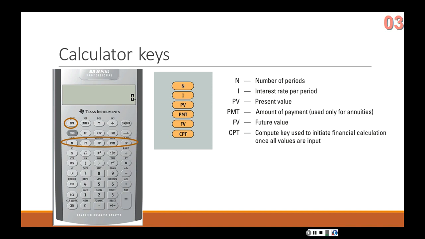I is the interest rate. PV is the present value. Payment is the amount of payment. In the beginning here, we're not going to be using the payment button. That comes later on in this chapter. FV is future value, and compute allows you to compute which variable of interest that you're looking at in the particular problem.